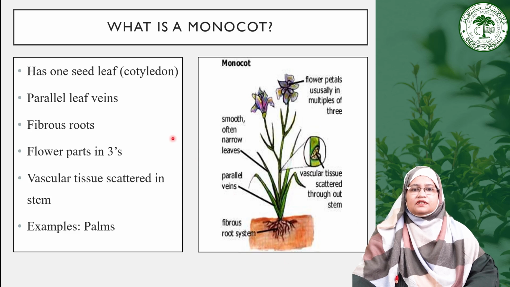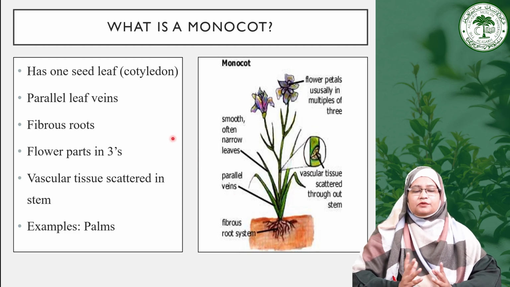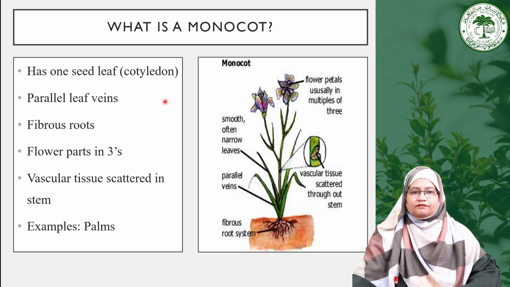Now, moving towards the monocot. Monocots have only one seed leaf, that is, one cotyledon. They have parallel leaf venation; in the leaves you will find the veins are arranged parallelly. Then they have a fibrous root system, as you can see in this image.